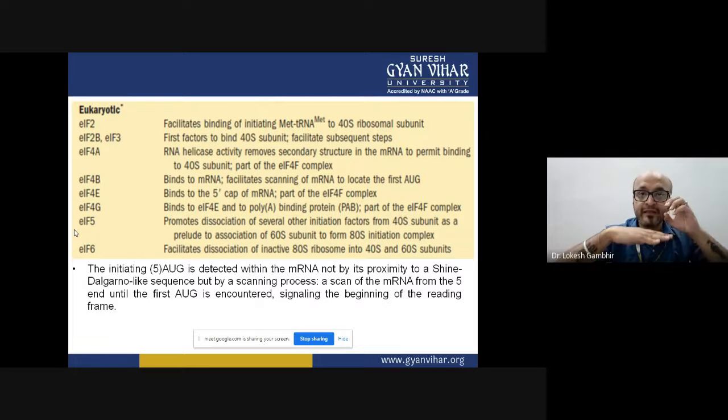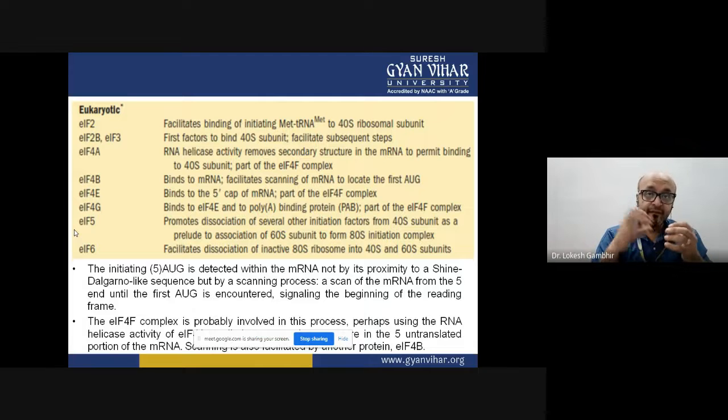But that is not the start site; it is the job of IF4B to assist the scanning of the mRNA by the small ribosomal unit and reach the start codon in order to initiate protein synthesis. And once it has aligned to the starting codon, that is the signal that yes, now the protein synthesis is going to start.